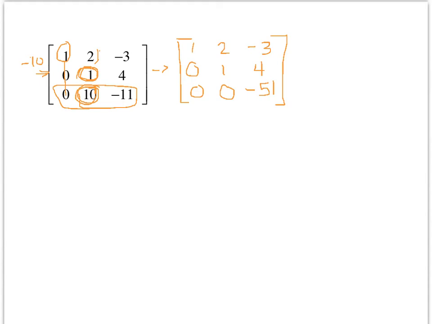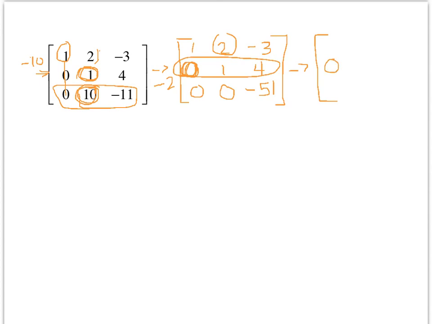So now we're going to do the exact same thing to get rid of the 2. Again, the beauty of this is I have a 0 in the first column here, so it's not going to affect that 1 that I had in row 1, column 1. So what I want to do is cancel out that 2. I'm going to multiply, again, in my head, this second row by negative 2 and add it to the first row.